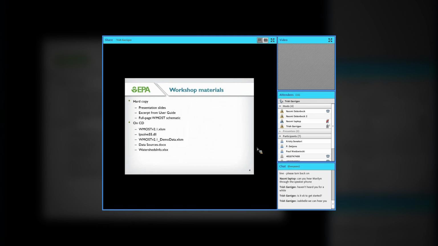For workshop materials, you got hard copy handouts of the presentation, some excerpt of the user guide, so that is something you can follow along with. We will be covering some of that material. You got a full page printout of the WMOST schematic, which we'll also go through in detail. And then on the CD, you have the following files that are listed that we just went through copying onto your computer, and we will use those.